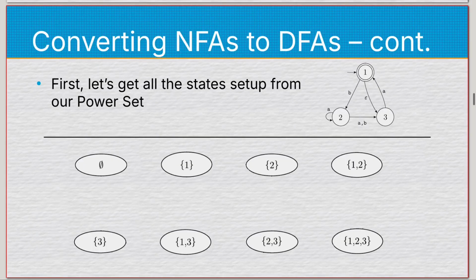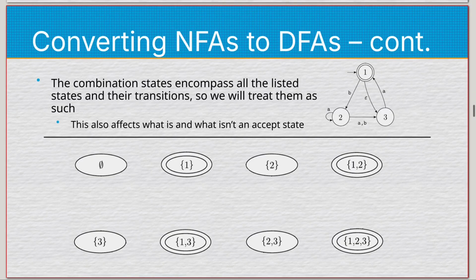So first things first, we get all of our actual possible states. We have all 8 of them right here. That's the first step. So from there, we identify our accept states. So combination states encompass all the listed states and their transitions, so we will treat them as such.